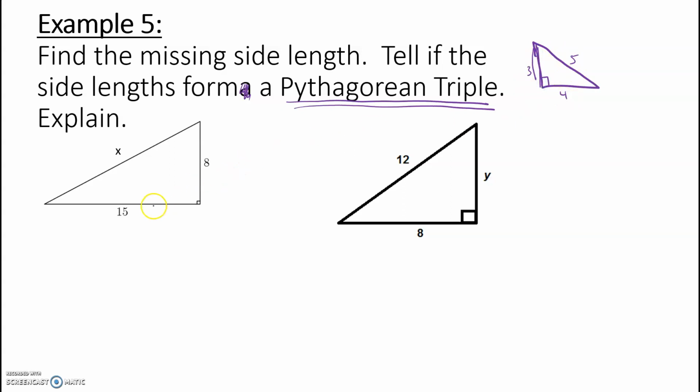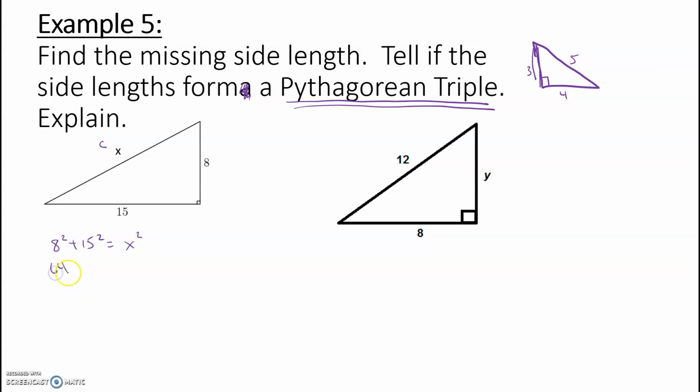All right. So let's see if these are Pythagorean triples. They're both starting off good. They all have nice whole numbers right now. But we got to find that missing side length. So remember, here's my right angle. It's tiny, but it's there. So this is my C. A and B are the other two. So A squared plus B squared equals C squared.